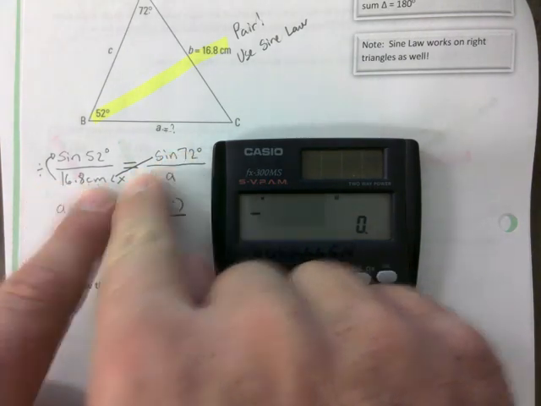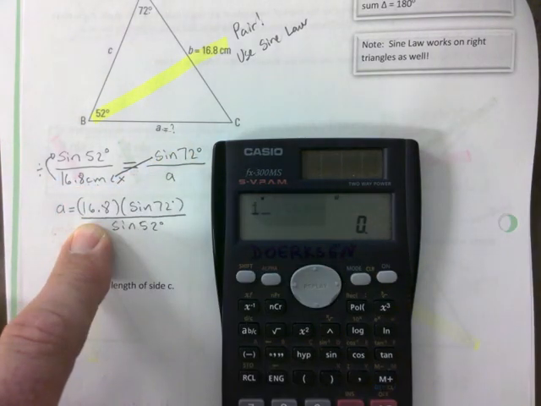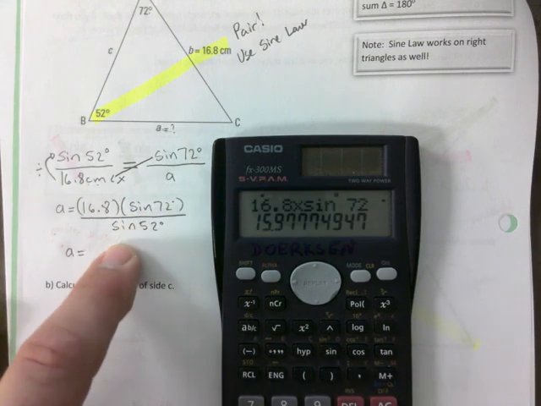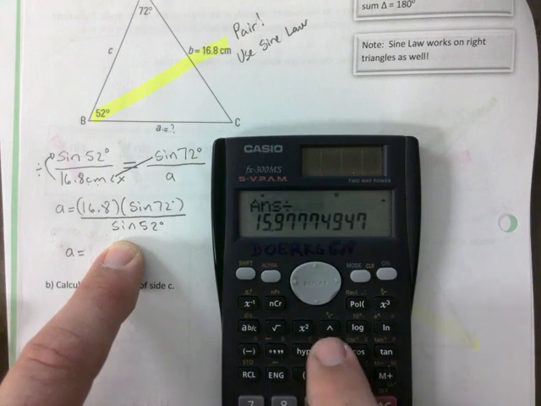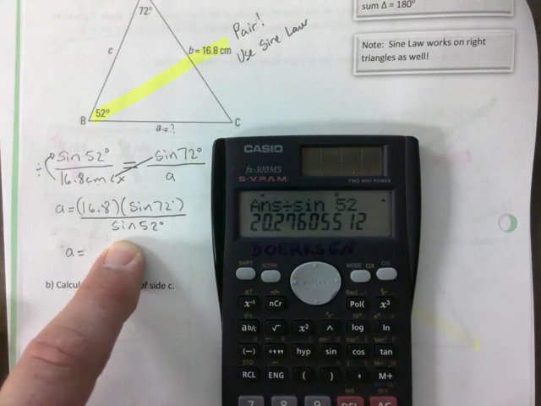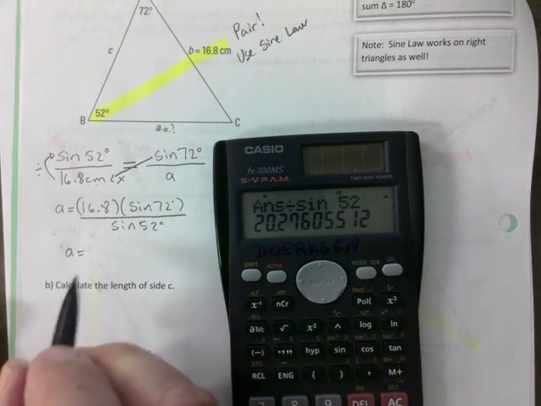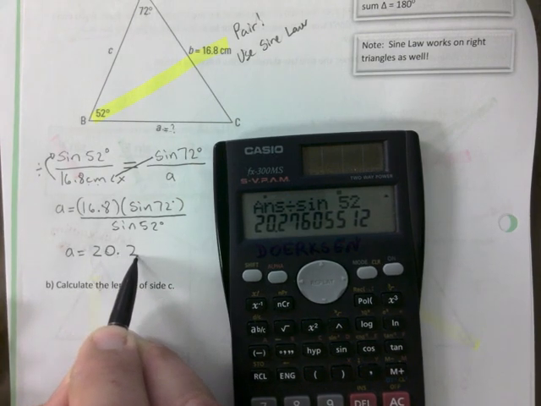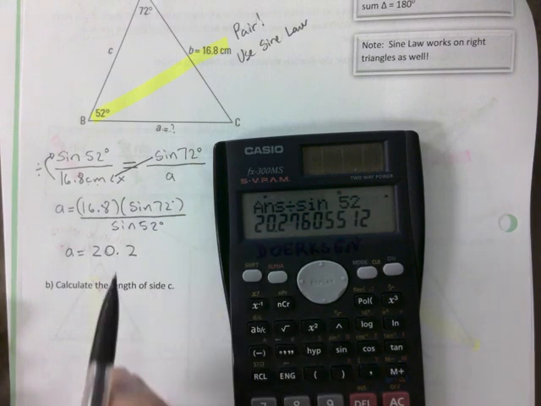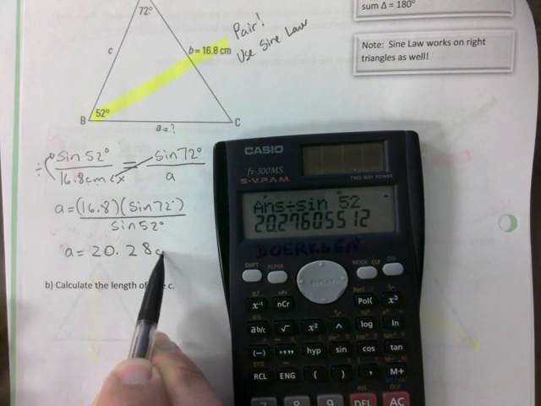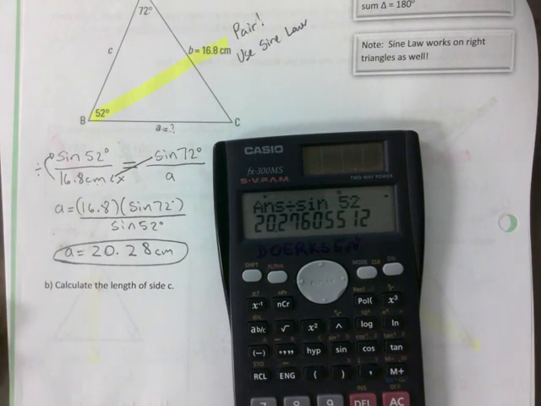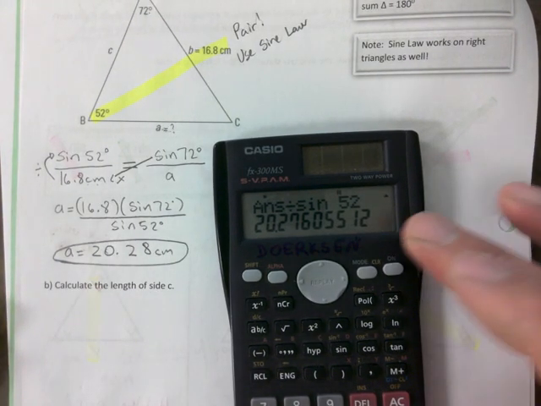As long as you multiply these two, you're fine. 16.8 times sine of 72, I hit equals there. And then I go divide it by sine of 52. And some of you, I might have to help you out with your calculators, but this ends up being 20.28 centimeters.